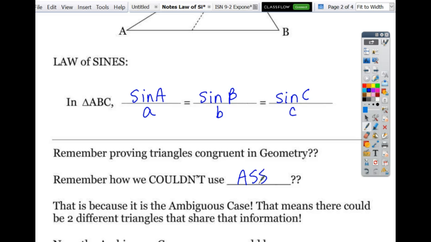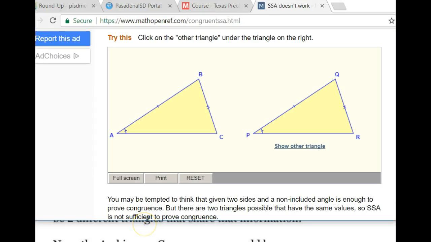And the reason you couldn't have that is because when I draw my triangle, when I have angle, side, side, I could get this triangle, right? This is this side right here. But this side could also be there.